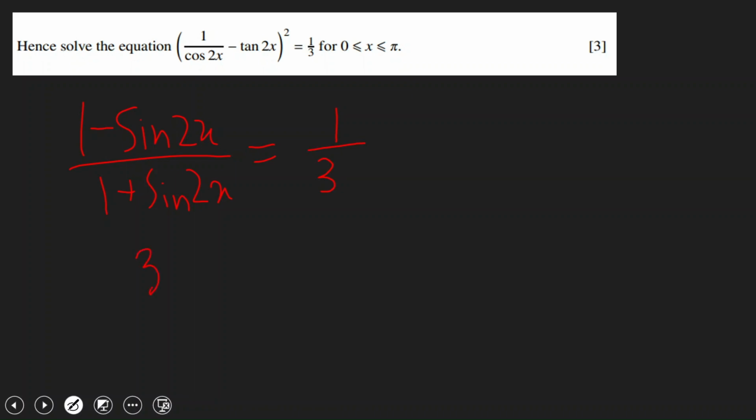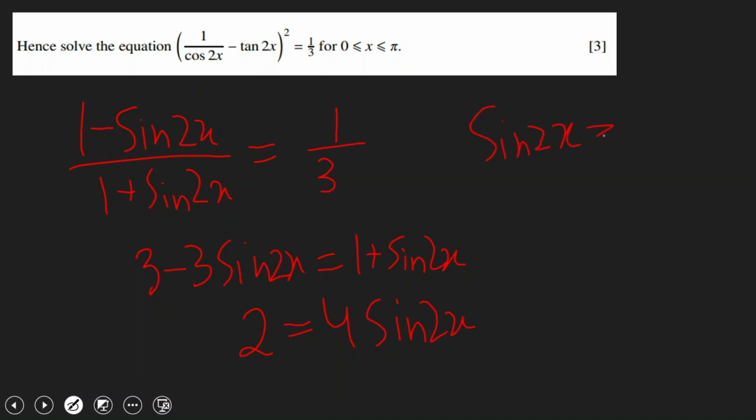Simplify that, you get 3 minus 3 sine 2x is equal to 1 plus sine 2x. And we can simplify that to give us 3 minus 1 is 2 is equal to 4 sine 2x. So we get sine 2x is equal to 1 by 2.